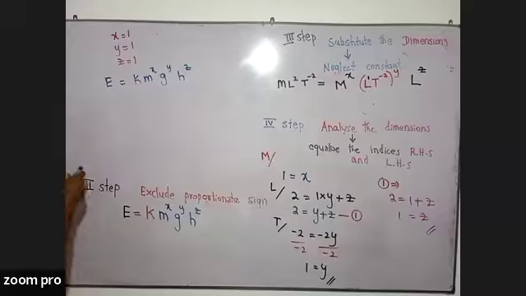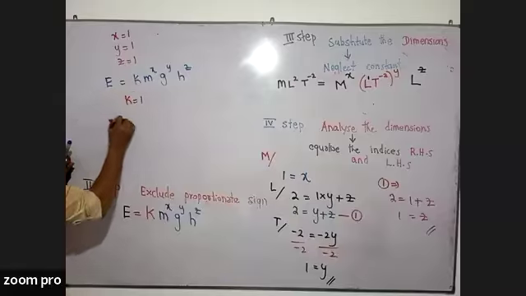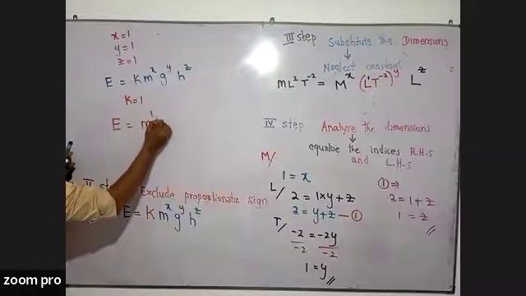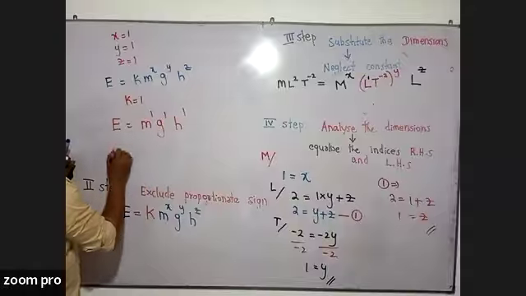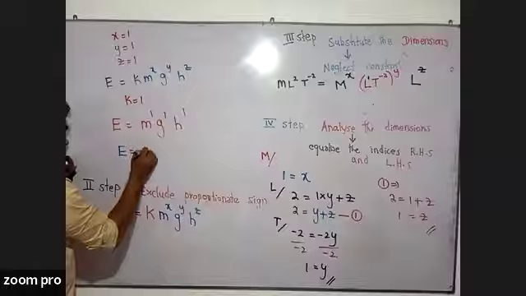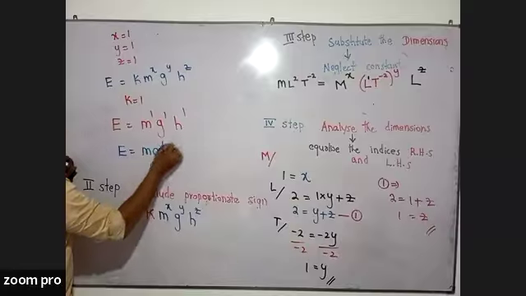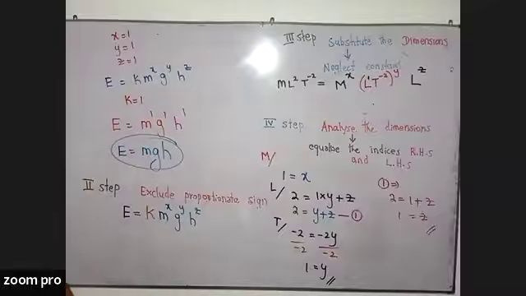Then in the question they have mentioned that k is equal to E. So this should be the equation: M to the power of 1, g to the power of 1, h to the power of 1. So this can be expressed as E equals mgh. See, we already have an idea about these equations now, right?